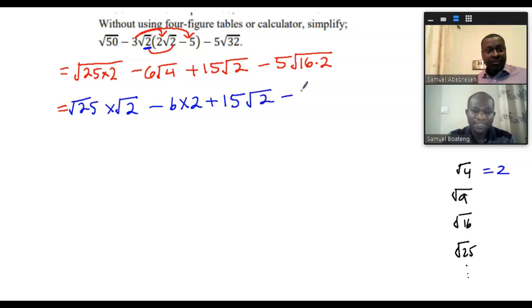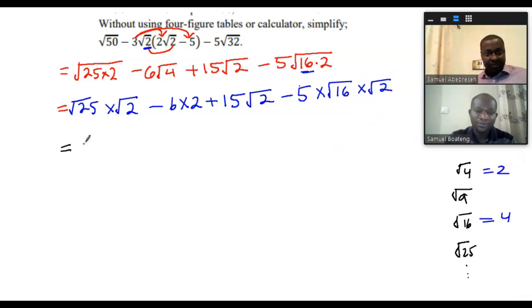Once again, we can split this one, root 16. Let's split it first before we write, times root 2. Root 25 will give you 5. So 5 times root 2 will be 5 root 2.